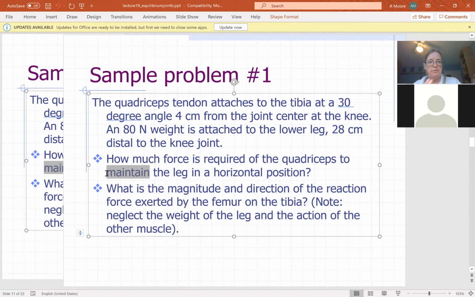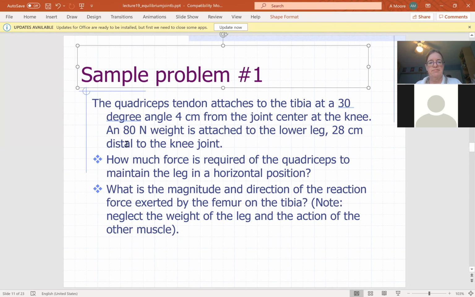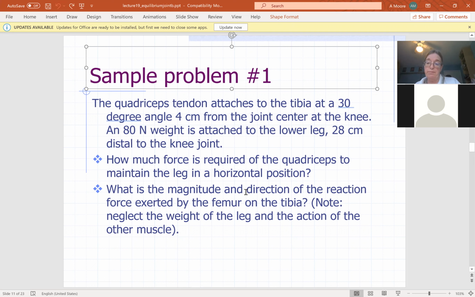So one of the things you're going to look for is something that says maintain. So we know we're in equilibrium because we have that word. Another key word might be something like moving slowly.